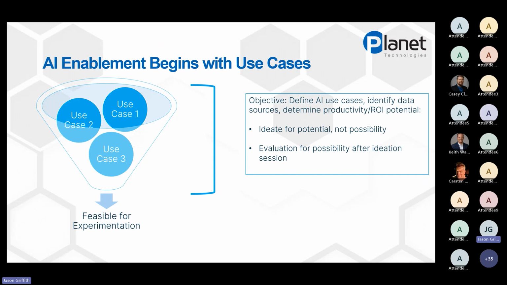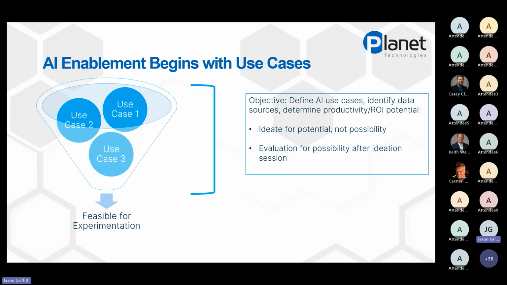So your objective when evaluating use cases is understanding the data impacts and what the productivity and ROI potential are. You're going to ideate for potential, not possibility, right? What are the 30 different ideas that folks have that could potentially see significant impact of AI within those business processes or those data sets that you have?